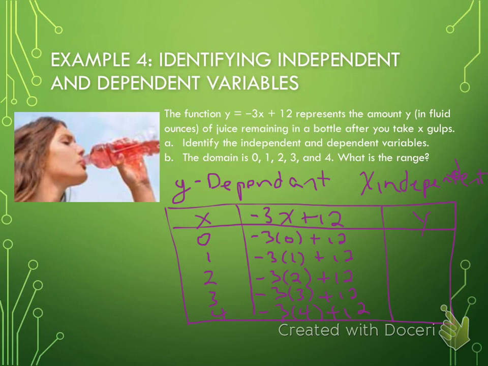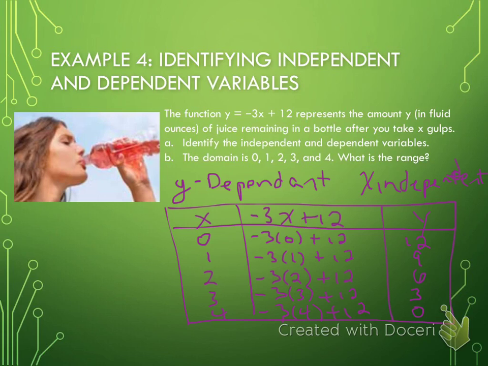If x is 0, y is going to be 12. If x is 1, it's 9. 2, it's 6. 3, it's 3. And 4, it's 0.